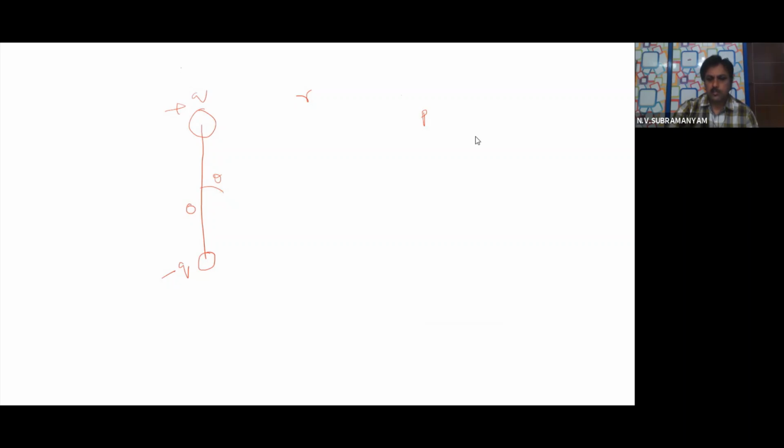Just a minute, children, I will redraw. Okay, the point is P. This is R, this is R1 in the diagram, this is R, this is A.